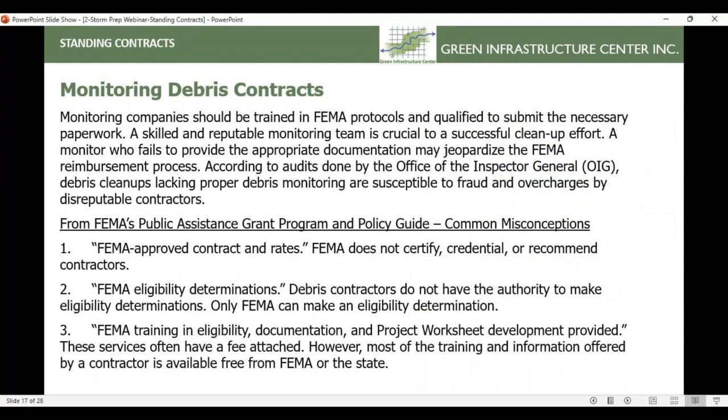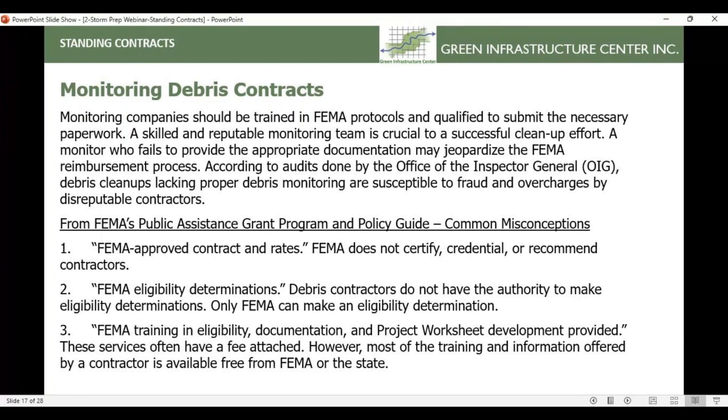When you're thinking about monitoring debris contracts, monitoring companies should be trained in FEMA protocols and qualified to submit the necessary paperwork. And as Darren mentioned, a skilled and reputable monitoring team is really crucial to a successful cleanup effort. A monitor who fails to provide the appropriate documentation may jeopardize the FEMA reimbursement process.